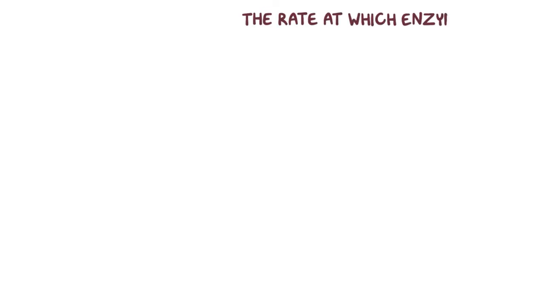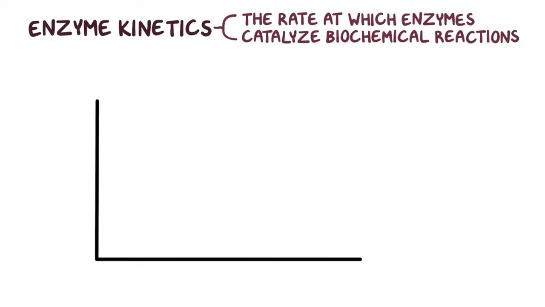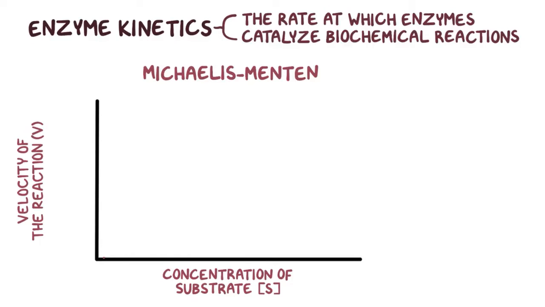Now, the rate at which enzymes catalyze biochemical reactions is called enzyme kinetics. And there are two graphical ways to look at this. The first is the Michaelis-Menten graph, which has the concentration of the substrate on the x-axis, and the speed or velocity of the reaction, which is how much product is formed over time, on the y-axis.